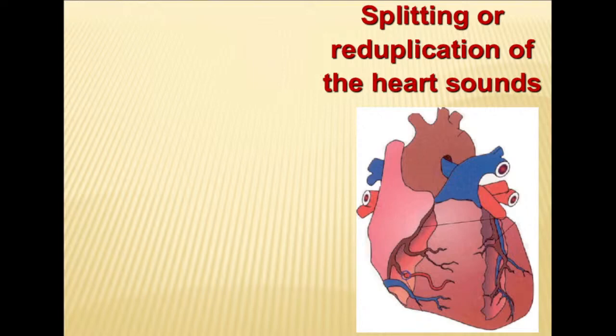Or sometimes instead of one, we can hear two short strokes. If the sound slightly widens, we are talking about splitting. If the process in the conductive system is deeper, and instead of one short stroke we hear two short strokes, we are talking about reduplication.